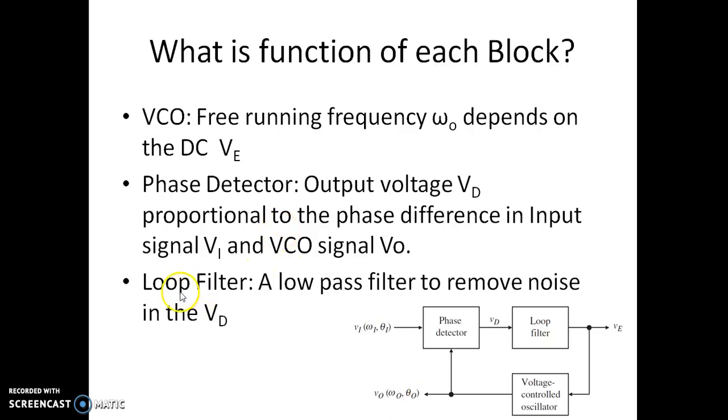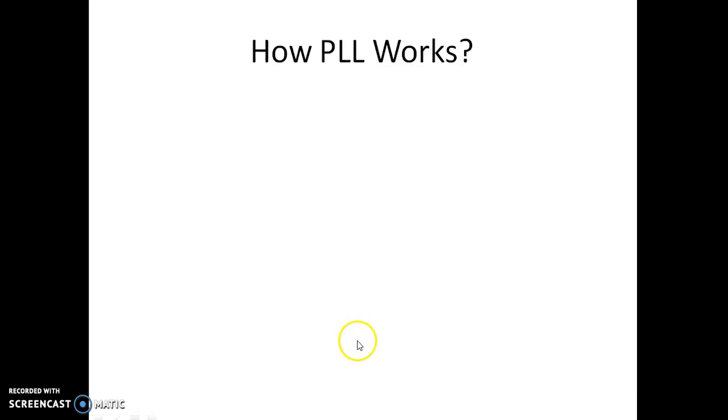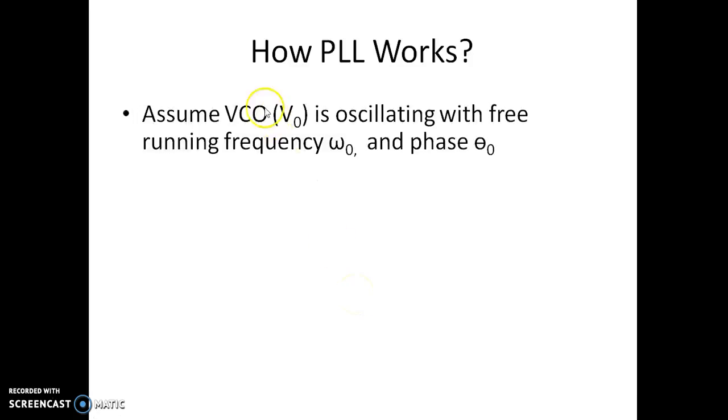And this loop filter is a low pass filter to remove the noise that is there in this VD, which is proportional to the phase difference of the input and the reference signal. Let us see how a PLL works. Assume that the VCO, that is V0, is oscillating with a freewheeling frequency of omega naught and a phase theta naught.